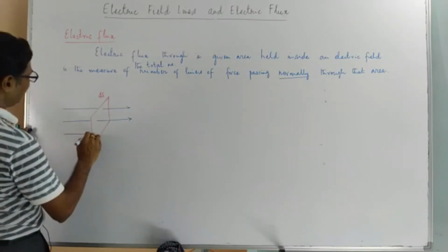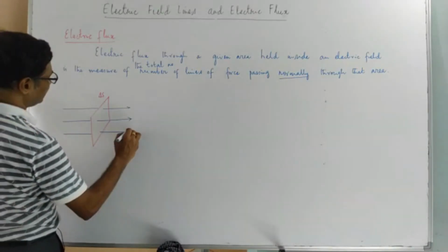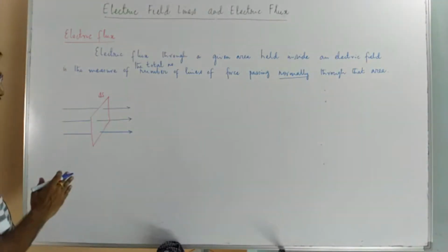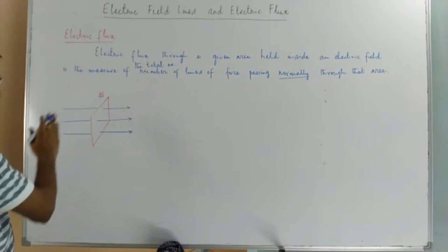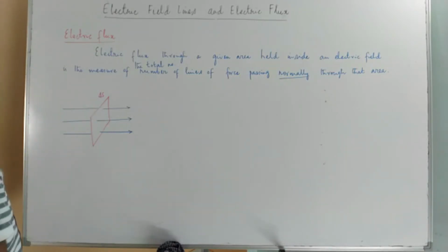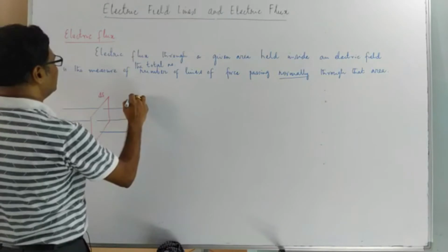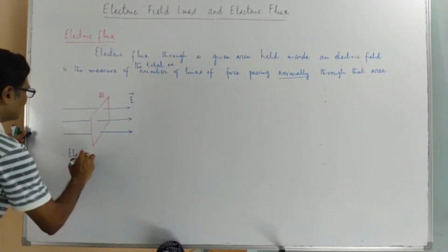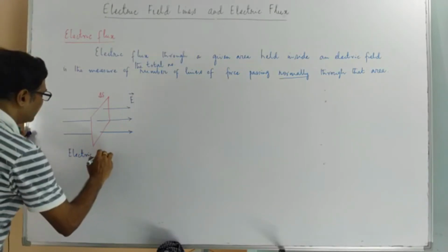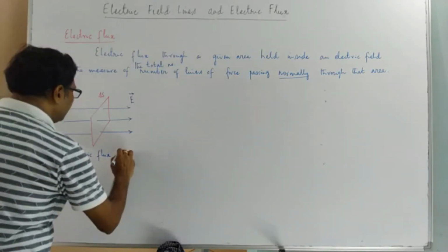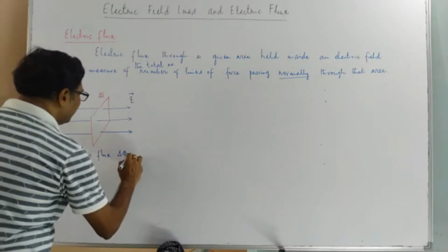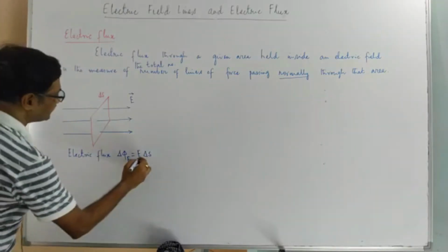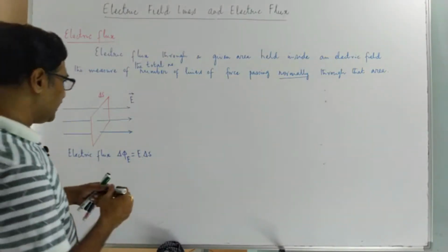So you can see I have considered electric lines of force to be perpendicular to the plane of the surface element delta S. In this case, the electric flux can be written as delta phi E is equal to E into delta S.